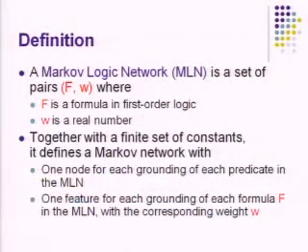And how do we do that? Essentially you attach a real valued weight to each formula, and the weight tells you how important that constraint is. The higher the weight, the more important the constraint is, and you had better satisfy it. In particular, the probability of a world is now proportional to the exponent of the weights of the formulas it satisfies. More formally, a Markov logic network is defined by a set of pairs (F, w).